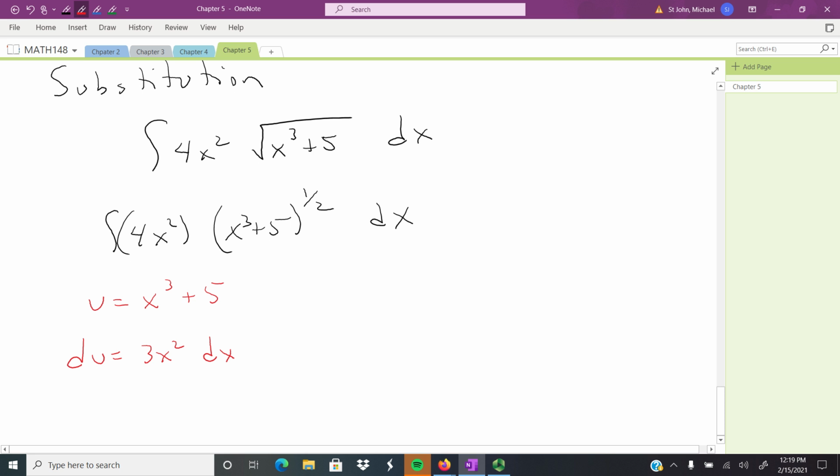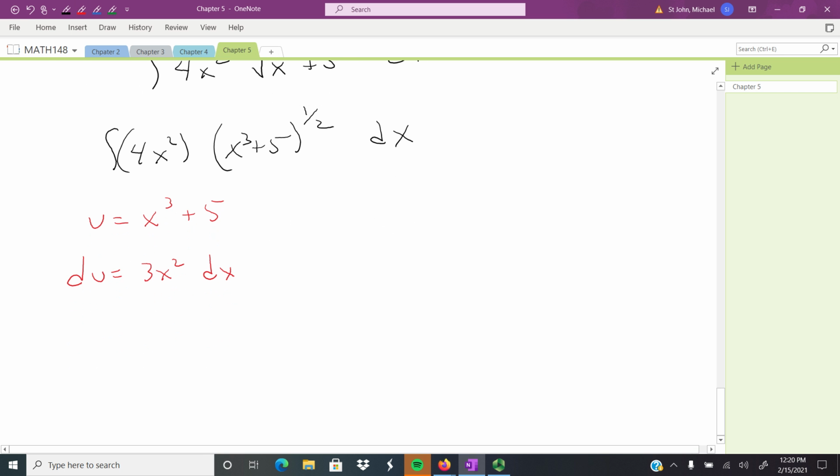So we want to pick the u such that the derivative is going to closely match the other term, right? And here, my original other term is 4x squared. This time we get 3x squared, right? So now if I do my substitution, so this is going to be u to the 1/2. My du is 3x squared. My original was 4x squared. And so the factor I need to multiply by in order to go from 3x squared to 4x squared is going to be 4/3.